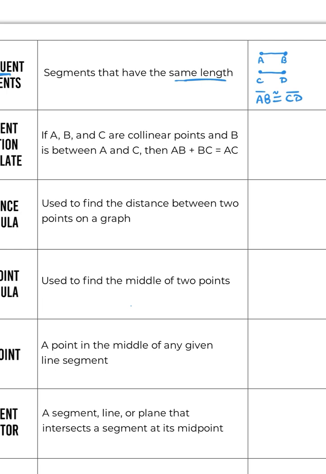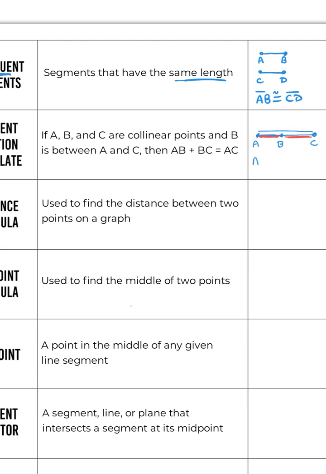The segment addition postulate means that if A, B, and C are collinear, then if I take AB and add it to BC, I will get AC.